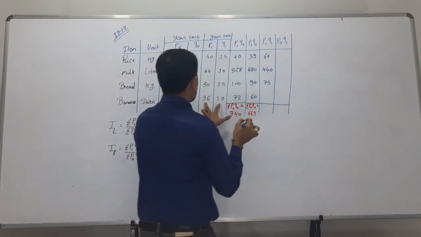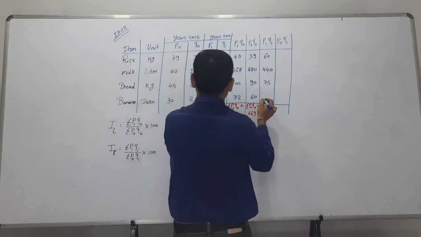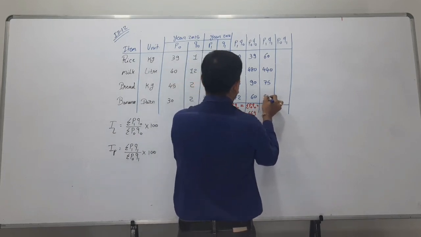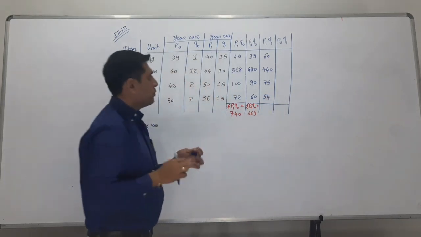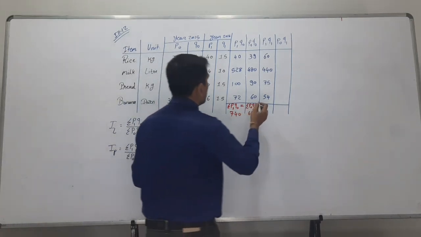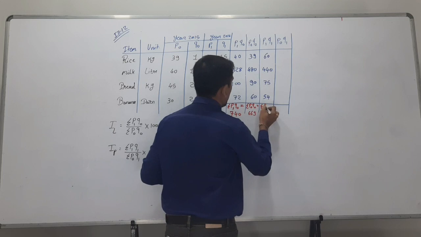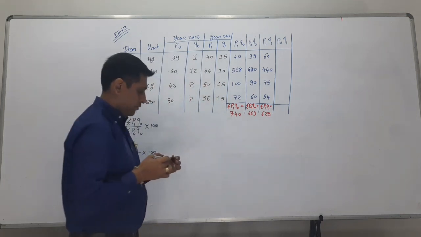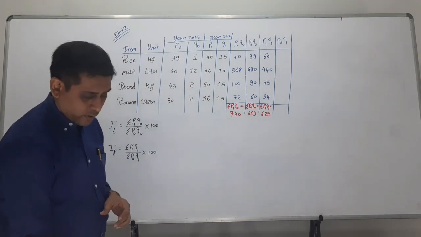And 36 into 1.5, that is 54. So make the total here: sigma P1 Q1 is equal to 629, right?